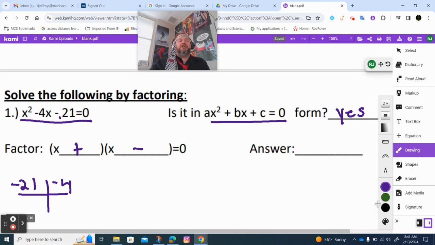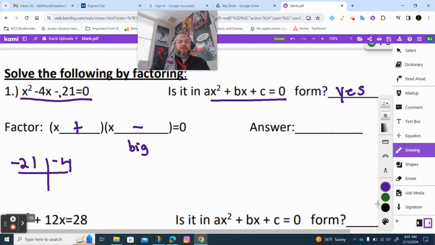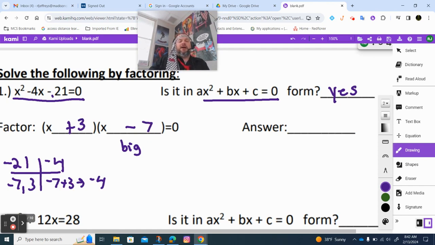Is our bigger number positive or negative? Okay, negative. So our big one's going to be here. In 21, you would think 7 and 3, right? So -7 plus 3 is -4. Okay, there we go. So 3 and 7.